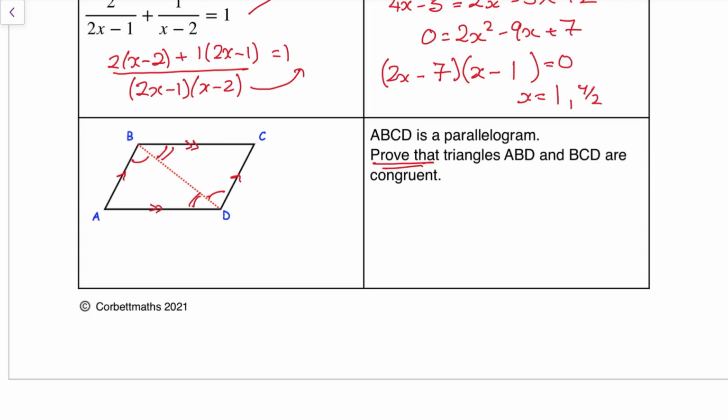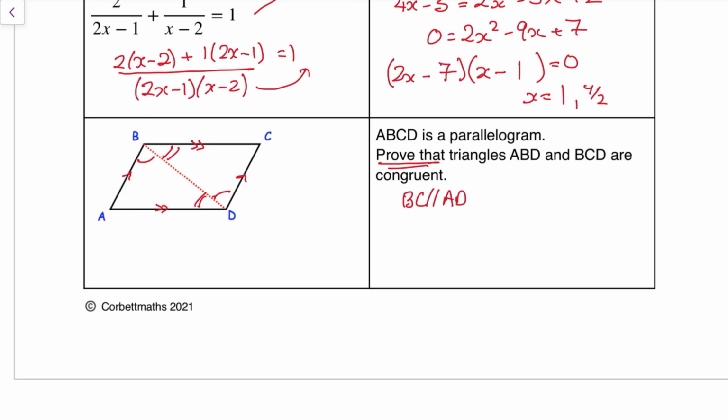All I need to do is state that because it's a parallelogram, BC is parallel to AD, it must therefore be the case that alternate angles are equal. Don't just write alternate angles, but alternate angles are equal.